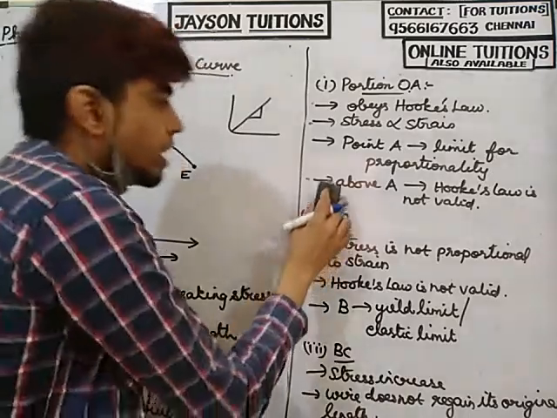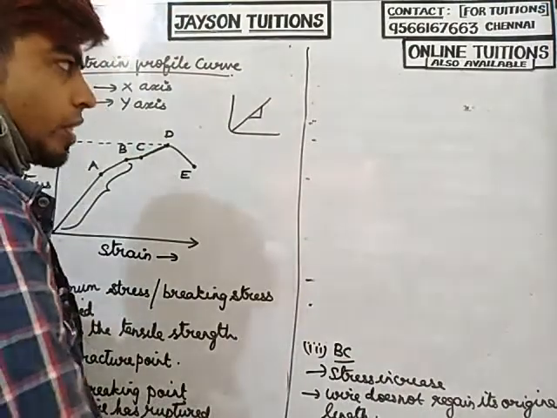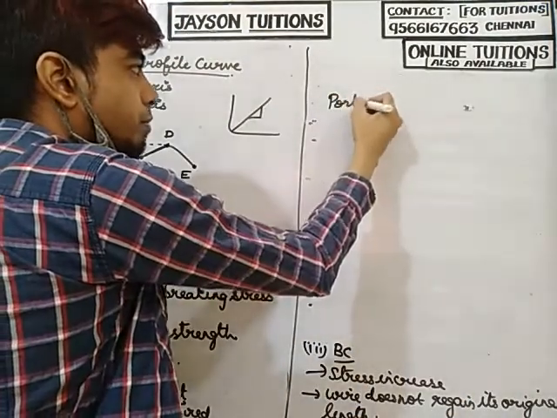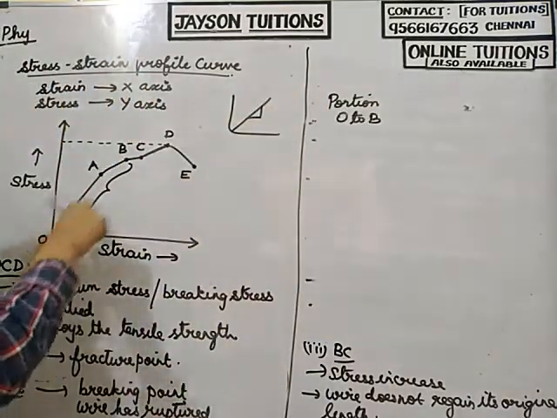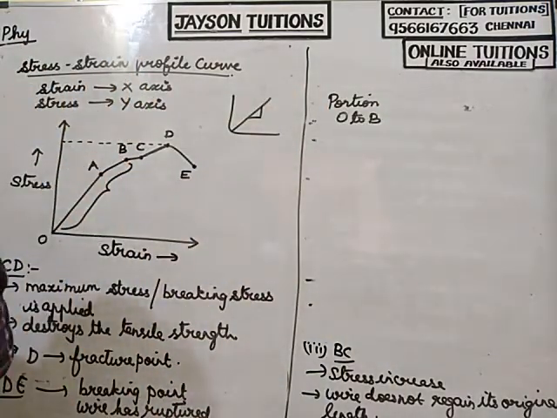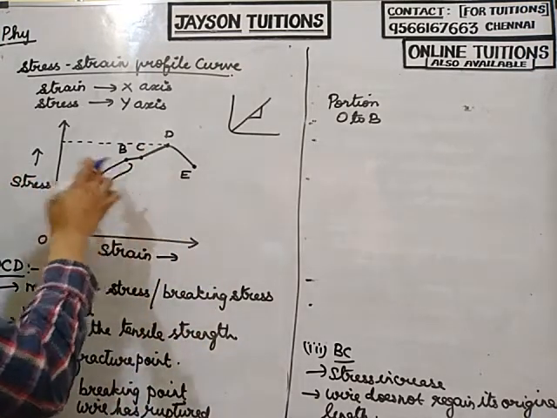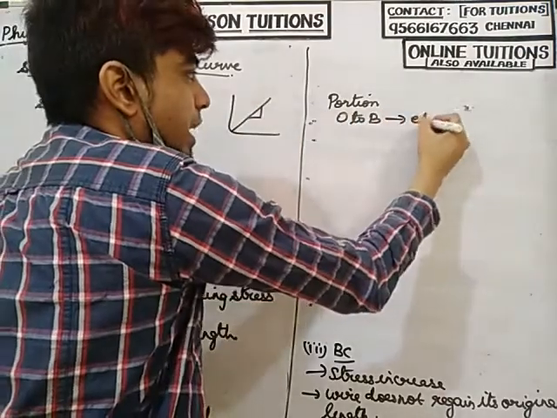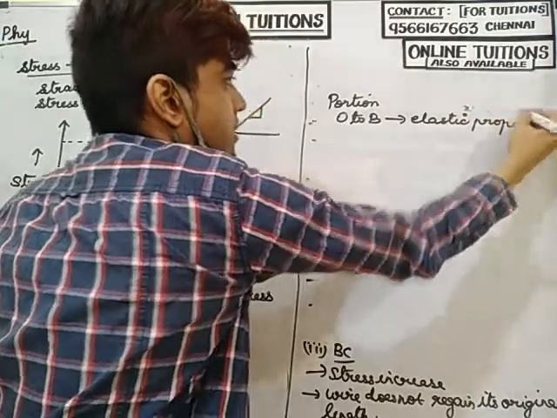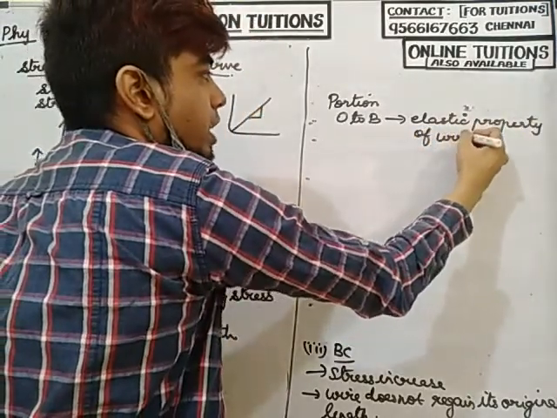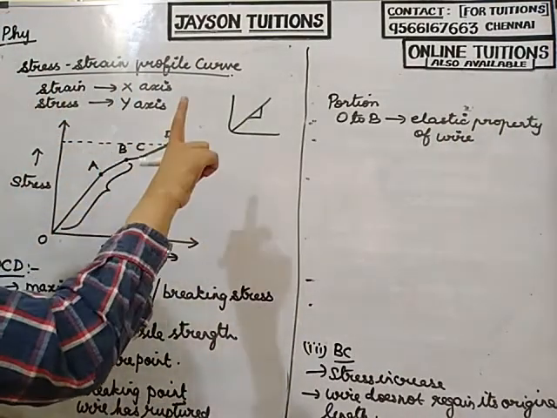The portion from O to B explains the elastic property of the wire. After this B, the wire is losing the elastic property.